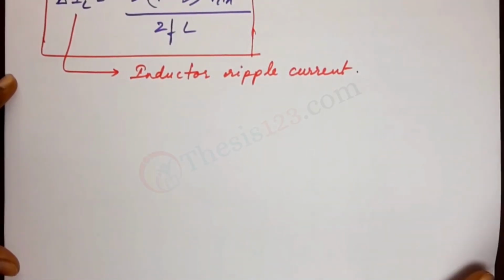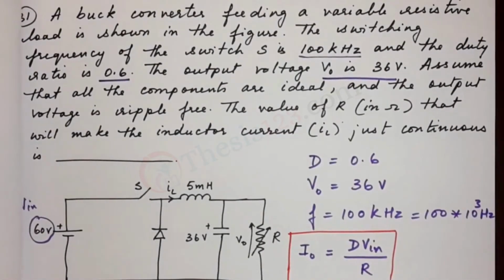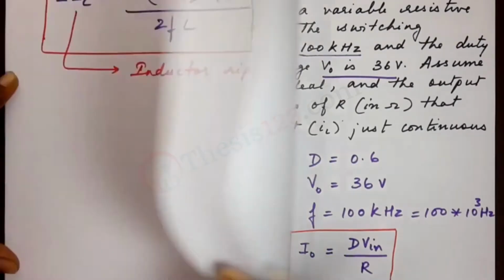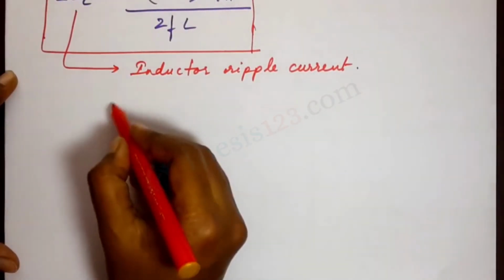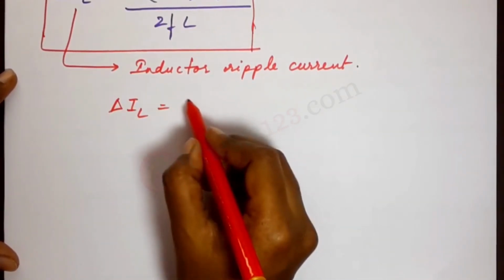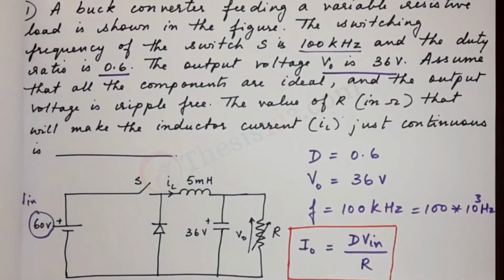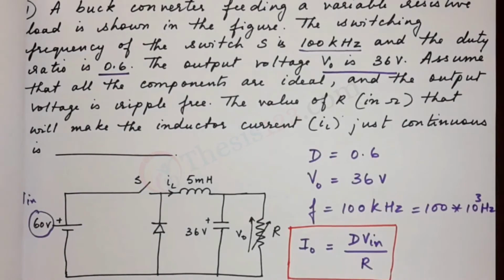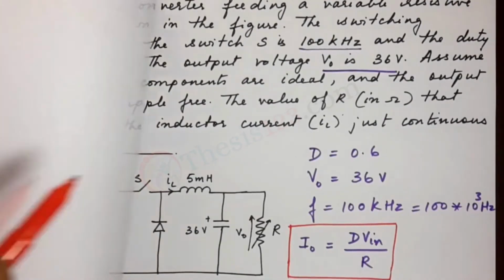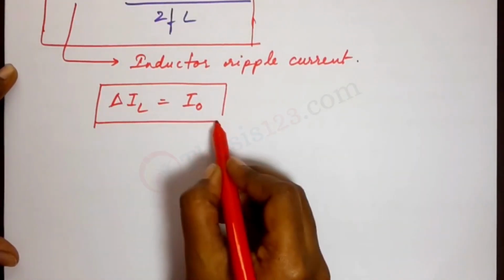Now since the question tells us that the components are ideal and the inductor current is supposed to be continuous, the inductor ripple current should be equal to the output current. If you look at the diagram here, IL is supposed to be equal to the output current I0. Now we have our expressions.